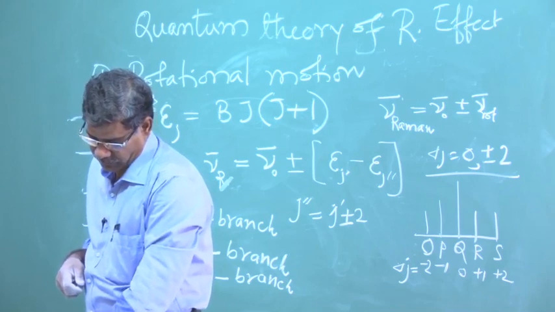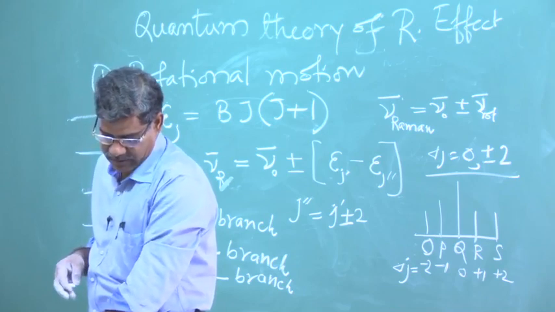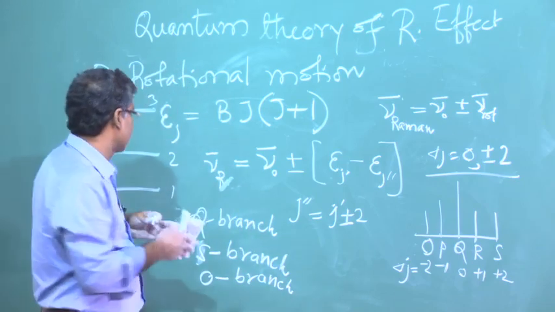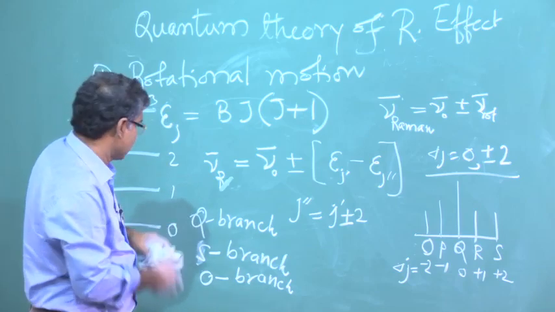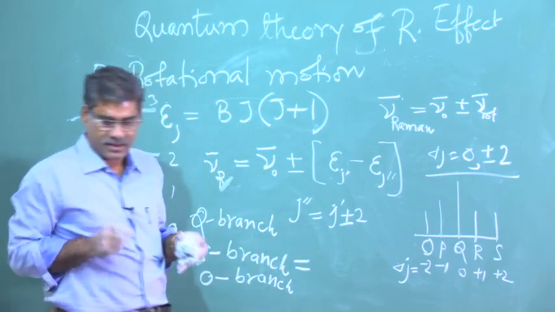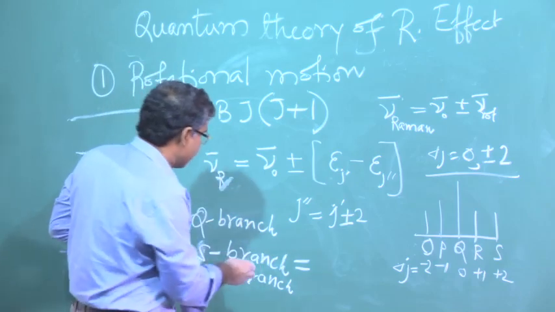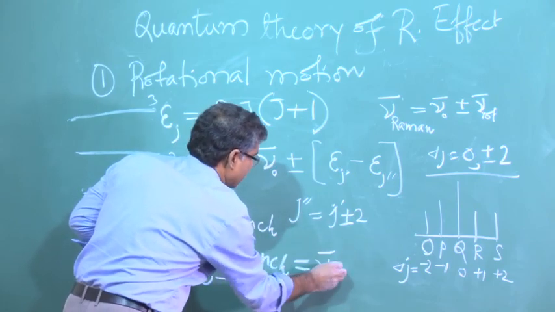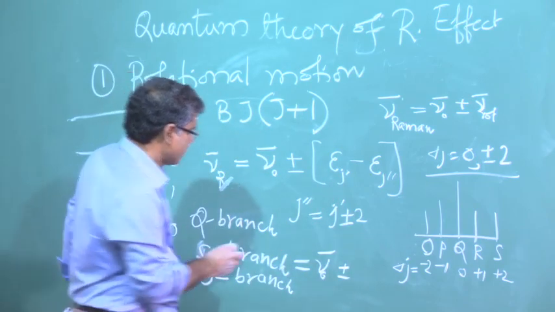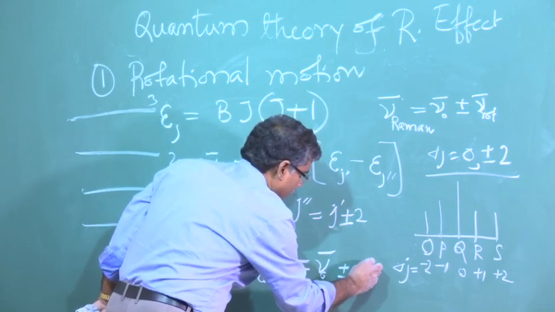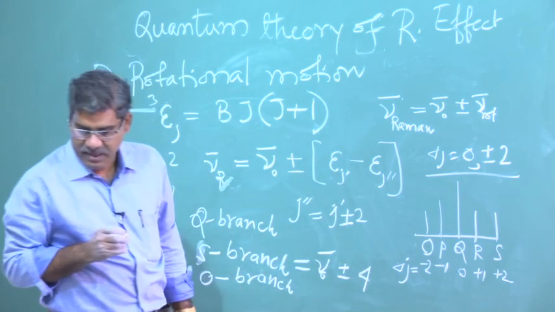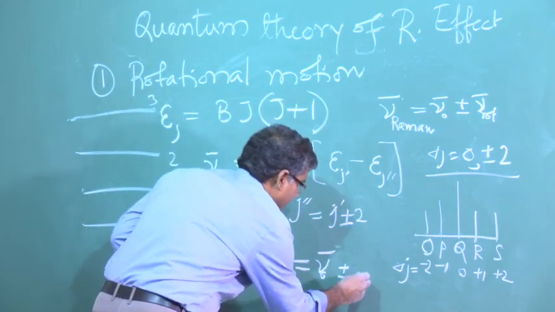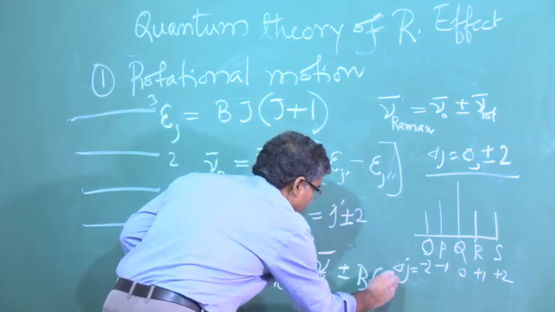If I consider plus 2 for this branch, you will get nu 0 bar plus minus 4B, I think, then 4j plus 6.